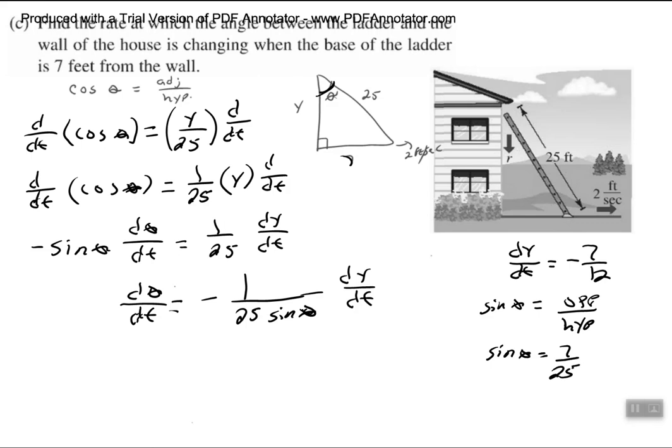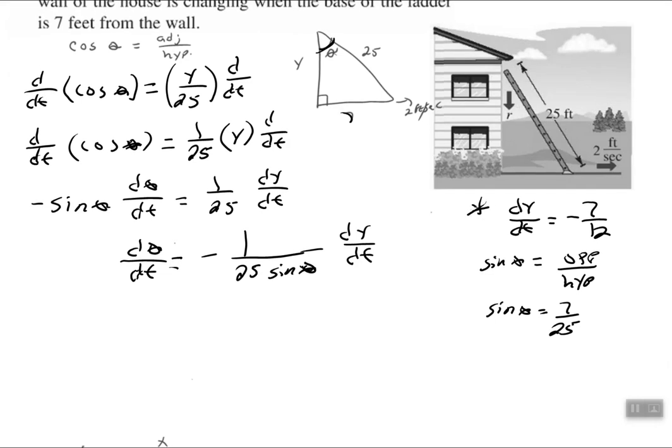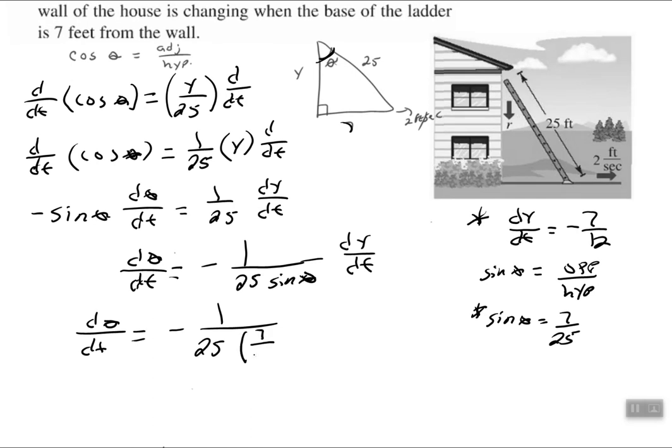Sine of theta is 7 over 25, and dy dt is negative 7/12. Let's take it back over here and plug it in. So d theta dt is equal to negative 1 over 25 sine of theta. We said the value of that is 7/25, times dy dt, which is negative 7/12. Now I'll just throw this in parentheses over here.